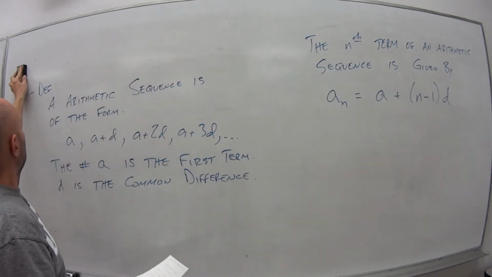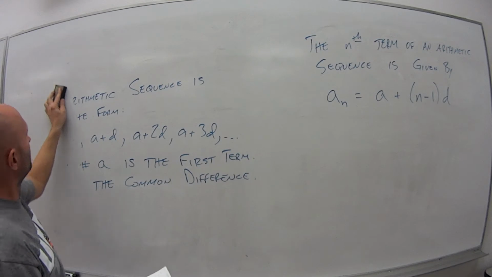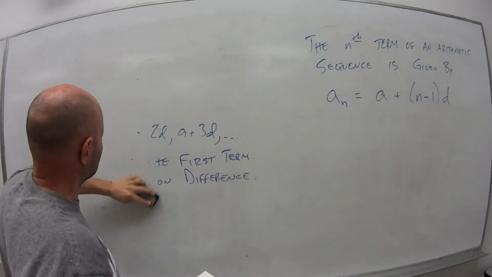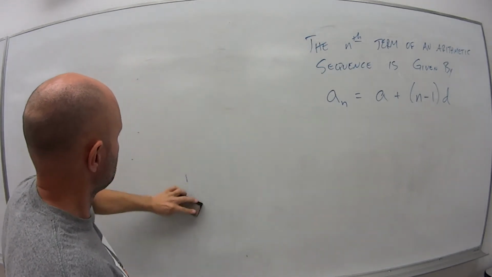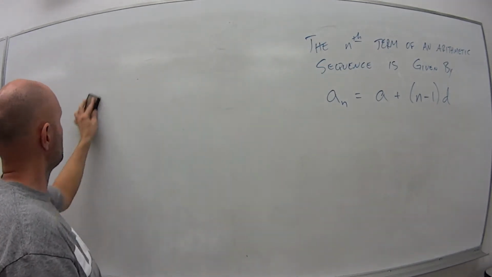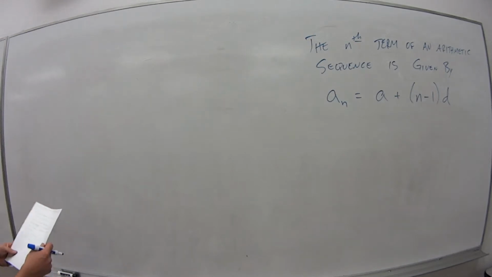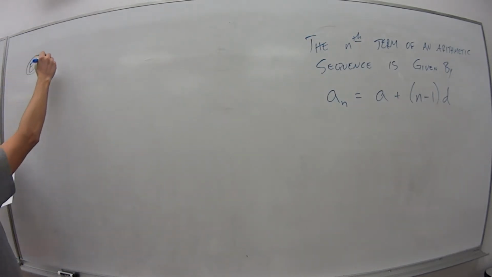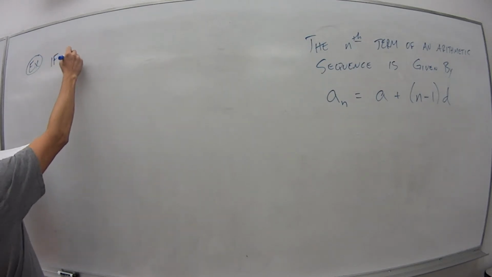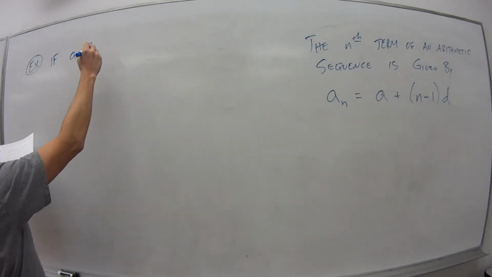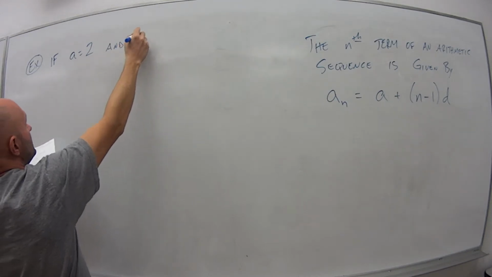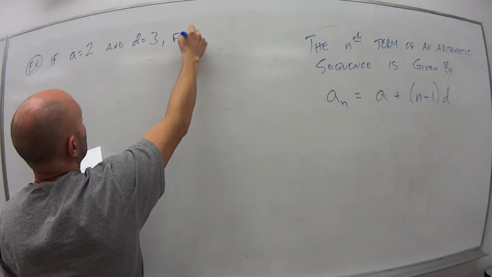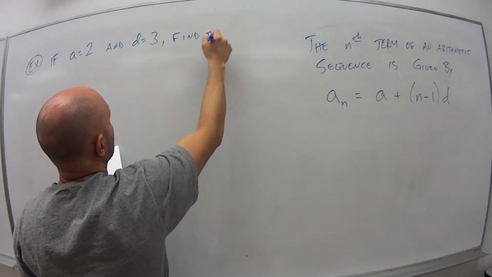So let's look at an example of how we can apply this. If a equals 2 and d equals 3, find the sequence.